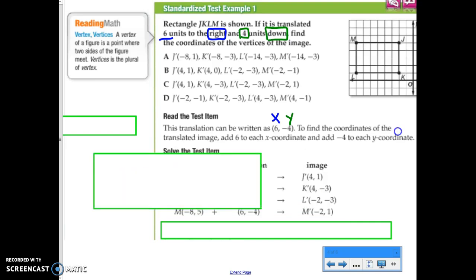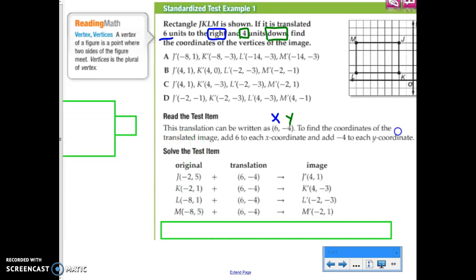All right, so to solve that test item, take a look. You know first that you're going to find all of the coordinate points. So you're going to come here and say 2 to the left is -2, and up 1 to K is 1. So there is my point for K, or my ordered pair for K, just as they demonstrate right here.